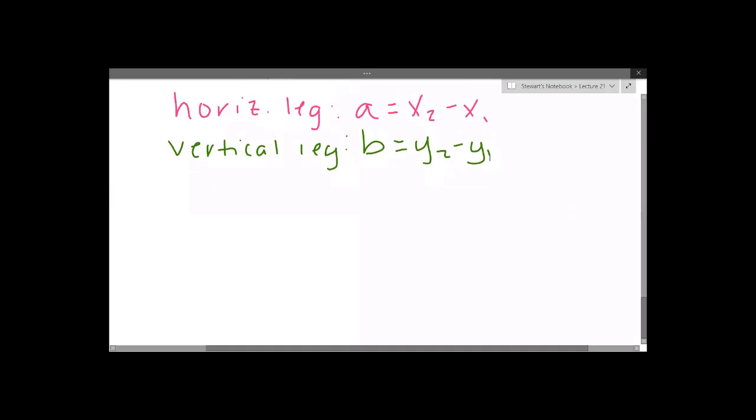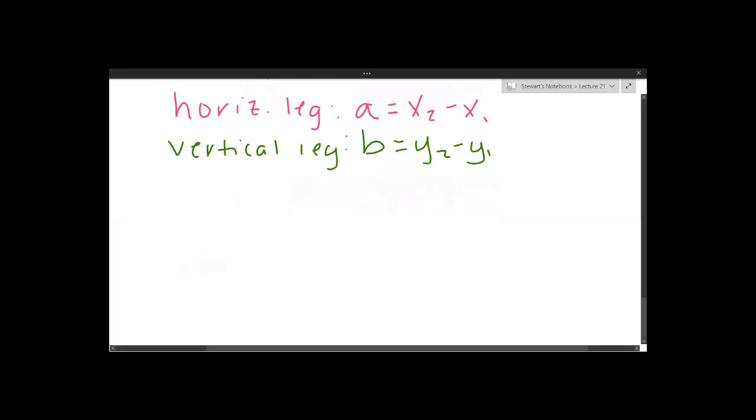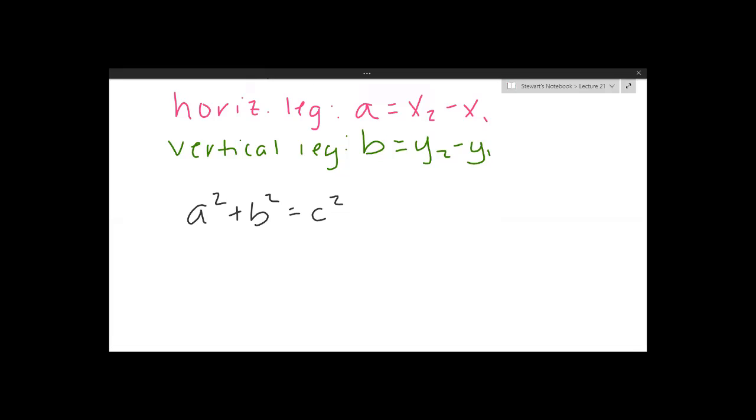So keeping this in mind, for a generic distance formula, we have a squared plus b squared equals c squared. Well, we know now that a and b are x2 minus x1 and y2 minus y1 respectively. So we have x2 minus x1 quantity squared plus y2 minus y1 quantity squared is equal to c squared.